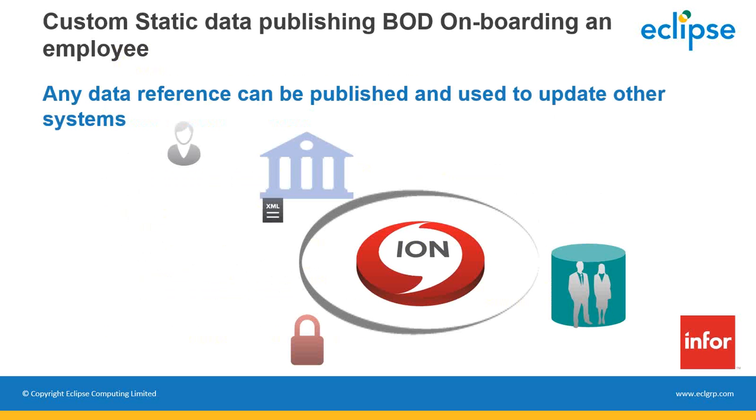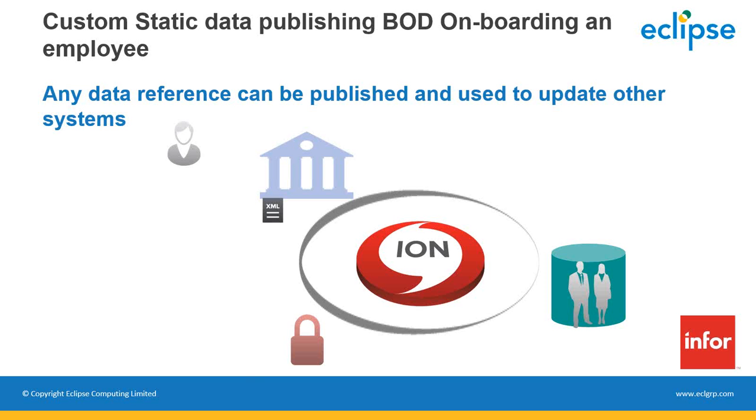Another one, for example, would be onboarding of employees. When a new employee joins the organization, quite often when we go through the process of setting them up and giving them access to all the different systems, we need to update their data in a number of different places, and quite often the core data that needs to be created is the same.